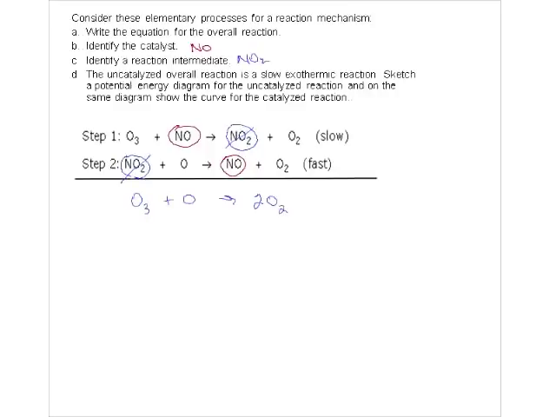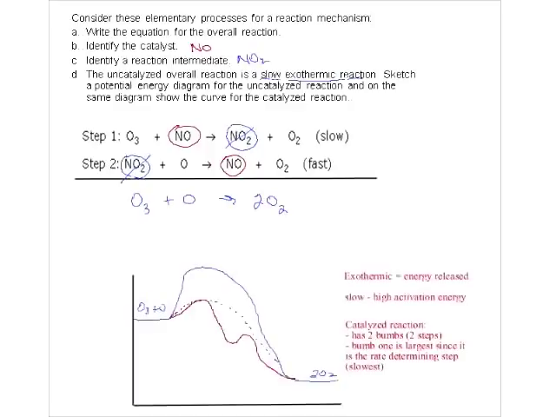It says the uncatalyzed reaction is a slow exothermic reaction. So if we do an energy level diagram, we're going to have a reaction that's going to produce energy, so it's going to start high and end low. And we want to be able to sketch the uncatalyzed reaction, and then on the same graph, sketch the catalyzed reaction. So here's what it's going to look like.